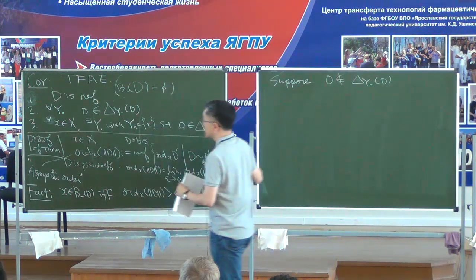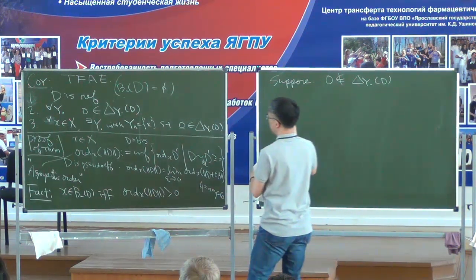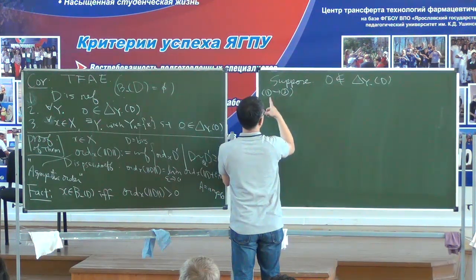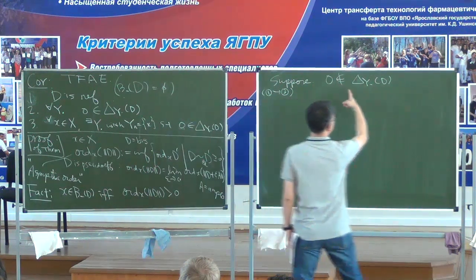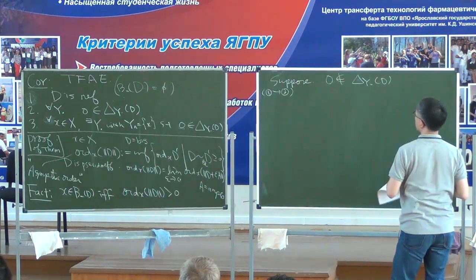So this is the step for 1, 2, 3. This is the main part. Okay, so suppose the origin is not contained in this Okounkov body.